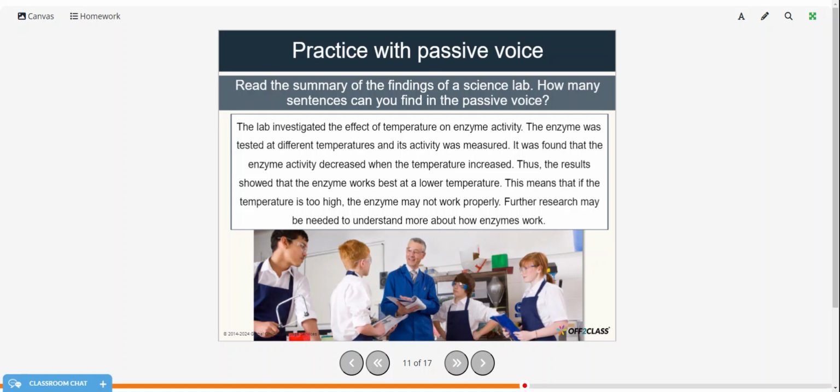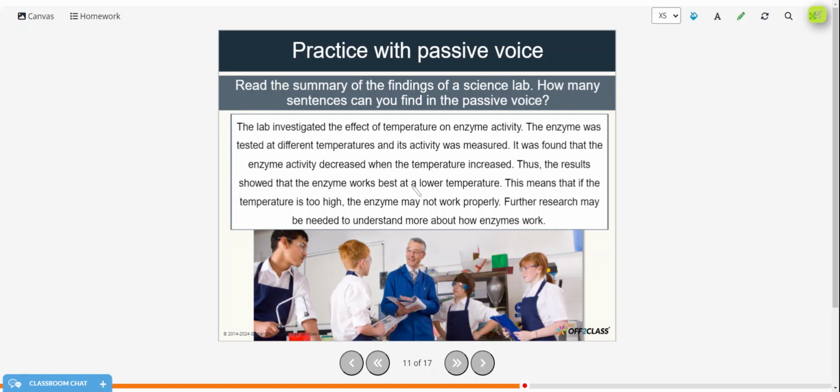It was found that the enzyme activity decreased when the temperature increased. Thus, the results showed that the enzyme works best at a lower temperature. This means that if the temperature is too high, the enzyme may not work properly. Further research may be needed to understand more about how enzymes work.